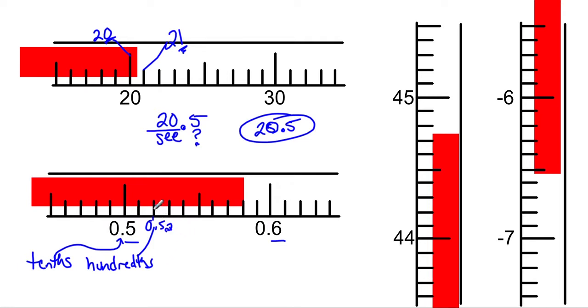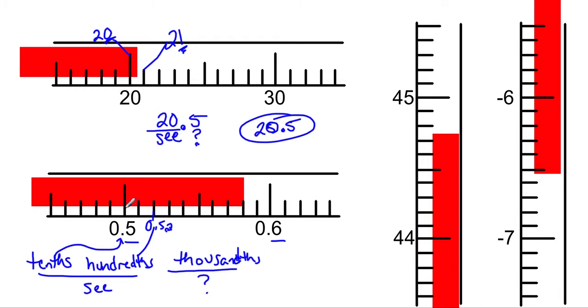Now that I know that I see the tenths and the hundredths, my guess is going to be in the next space over. What is that? The thousandths. This is what I'm thinking about before I even notice where the red line is. I know my guess is going to be the thousandths because I can see the tenths and the hundredths spot.